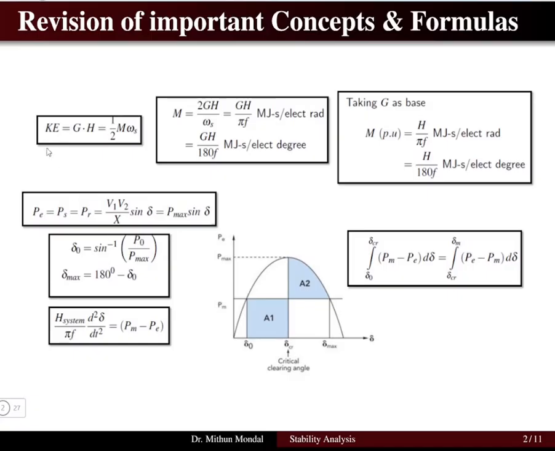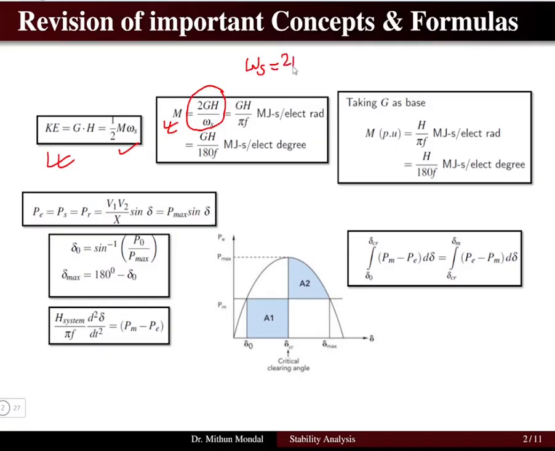In order to calculate the kinetic energy of the system, we have to obtain using the product of G into H, where G is the inertia constant of the machine and H is basically the MVA rating of the machine, which is given by half of M into omega S, where M that we can obtain using the formula of 2GH by omega S, being the speed of the machine in the radian per second.